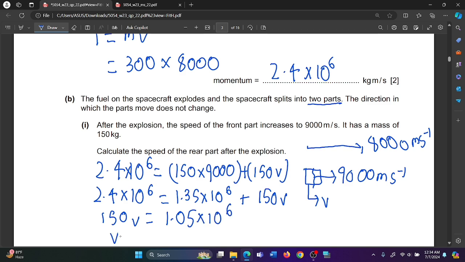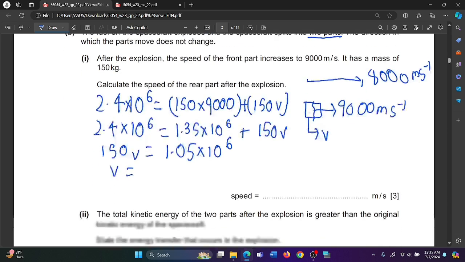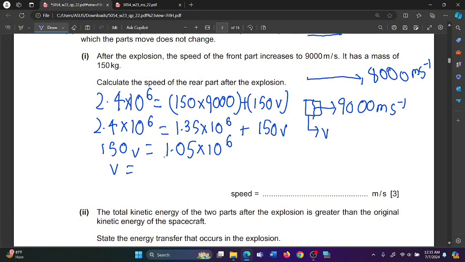Now if we bring 150 to the other side, a division sign comes in, so it becomes 1.05 into 10 to the power 6 by 150. Now the value of v becomes 7,000.